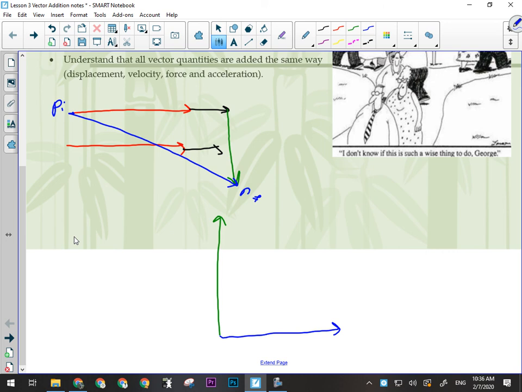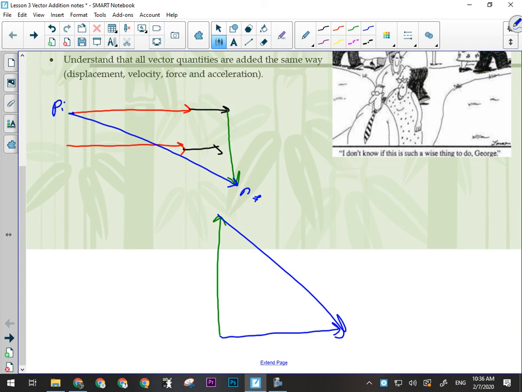I can't. Essentially, if I went east and then south, I would end up going southeast. That makes sense. If I draw my diagram like this, saying I went north and east, and then I connect the two, which way does it say I went? Southeast. Well, that doesn't make any sense. I went north and east. How could I end up southeast?